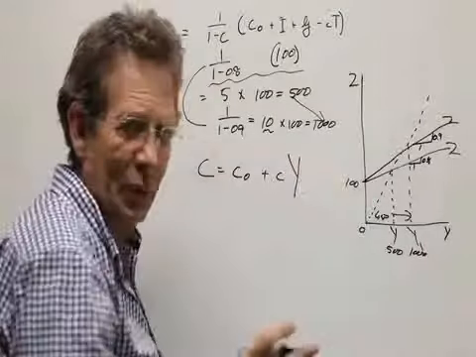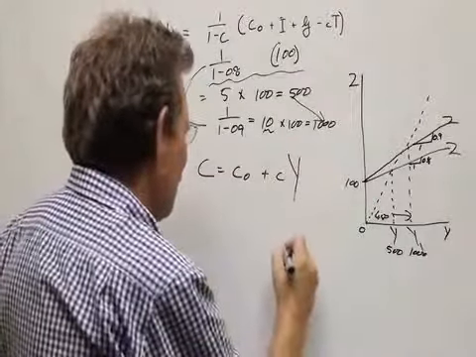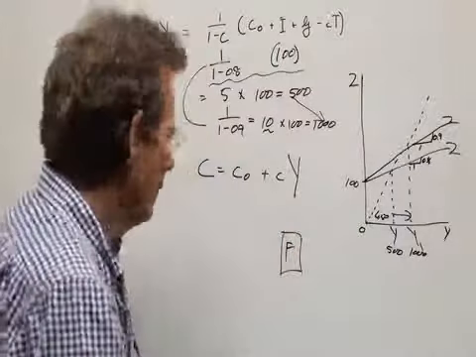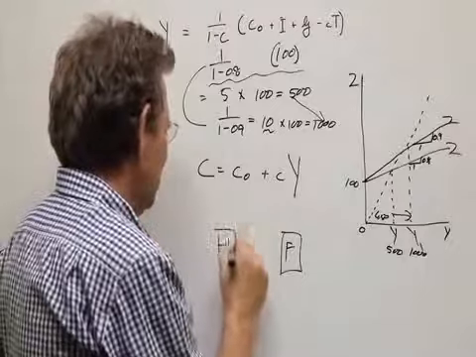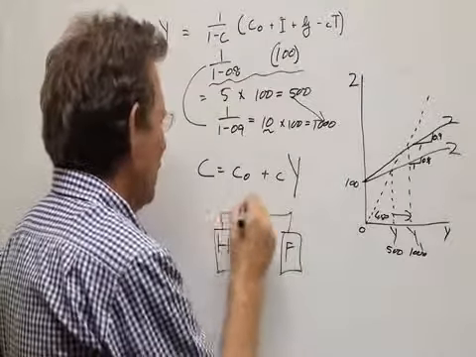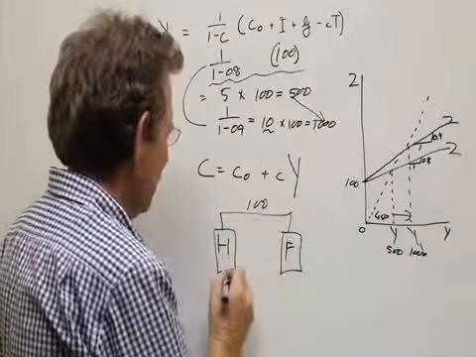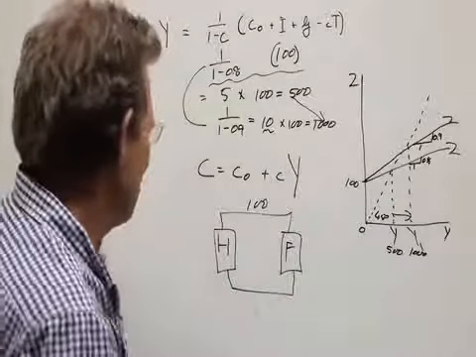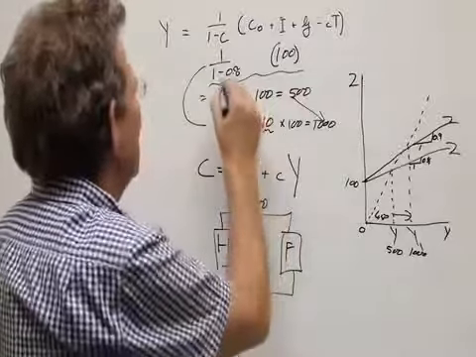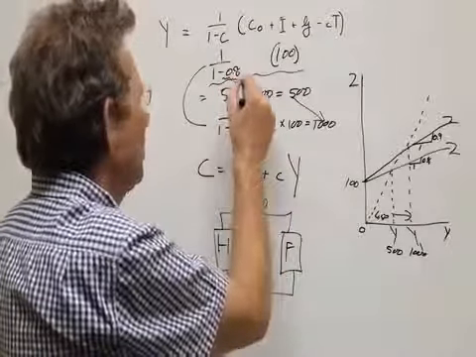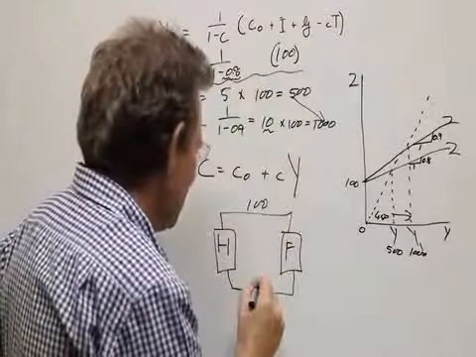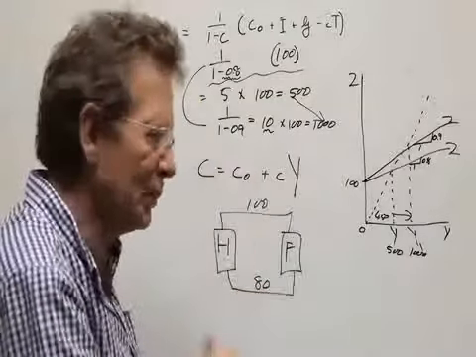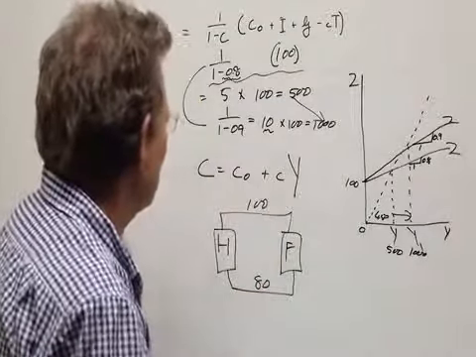I'm going to draw the circular flow diagram, a very simple one, to explain this. Here's the firm. Here's our households. Firms pay households an income of 100. Households then use that income to buy consumer goods and services. If the marginal propensity to consume is 0.8, consumption will increase initially by 80, and the multiplier process will operate from that basis.